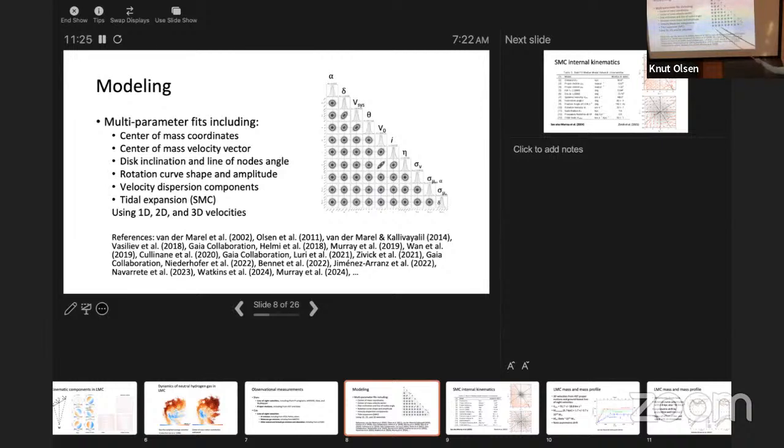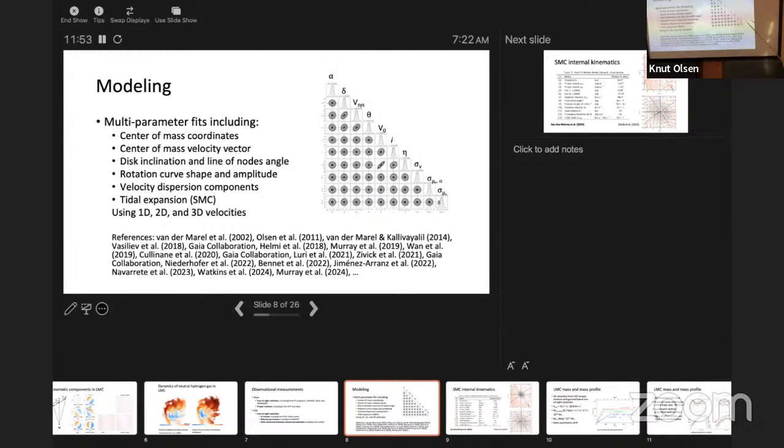There are many parametric models that can apply here, and the different velocity dispersion components. In the SMC, one has to consider the tidal expansion possibility because it's interacting and being stripped apart by the LMC, you think. This can all be done using 1D, 2D, or 3D velocities if we can combine the proper motions and the line of sight velocities.